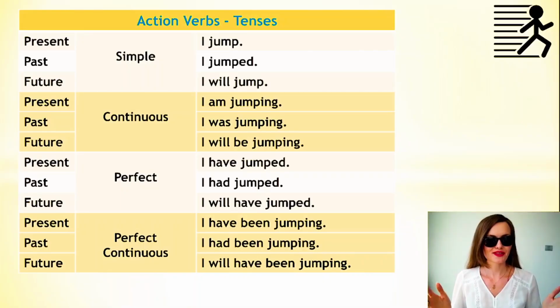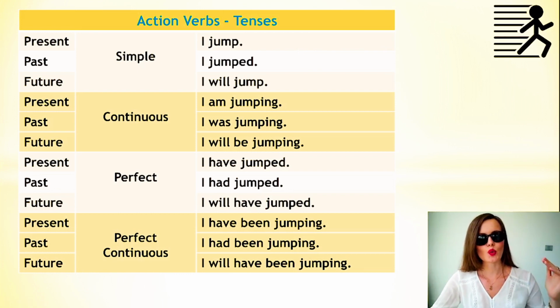Let's talk about the usage of stative and action verbs a little bit more. Action verbs can be used in all 12 English tenses. In present simple, for example, I jump. Past simple, I jumped. Future simple, I will jump. In continuous tenses, present continuous, I'm jumping.